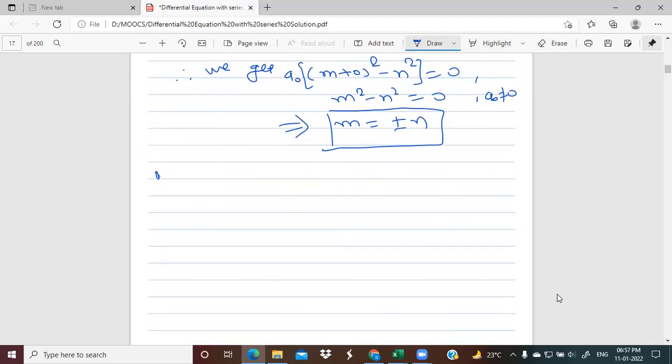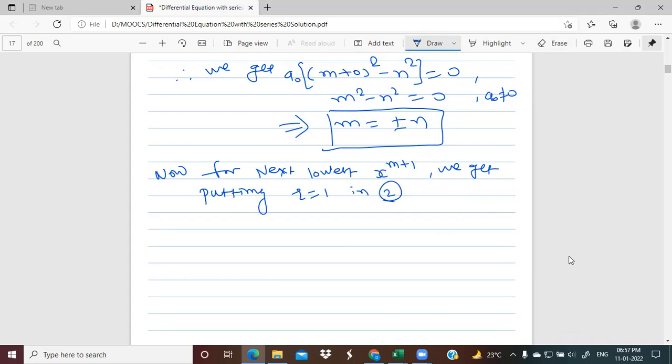Now, the next lowest term we get by putting R is equal to 1, M plus 1.